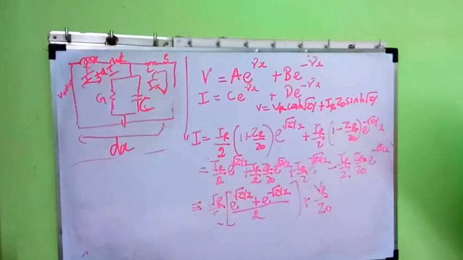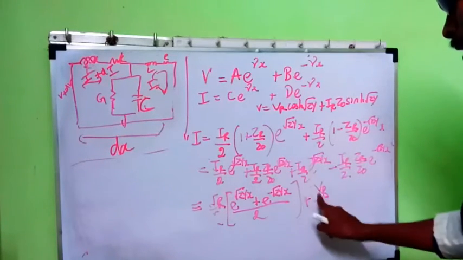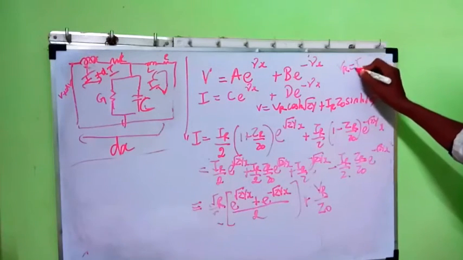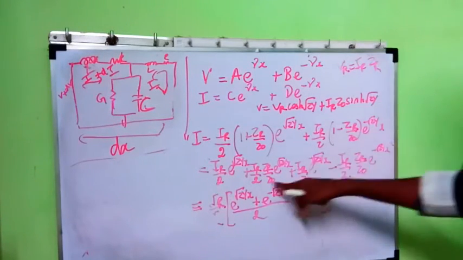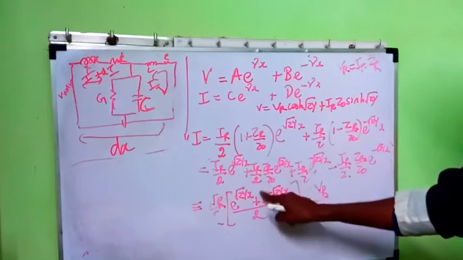Now we understand. If you don't understand me, just playback the video and you can find it. So instead of this term, I'm writing VR by Z naught. Why? Using the relation VR is equal to IR ZR. For the IR, it means VR by ZR. So if I write VR by ZR, ZR will get cancelled off.